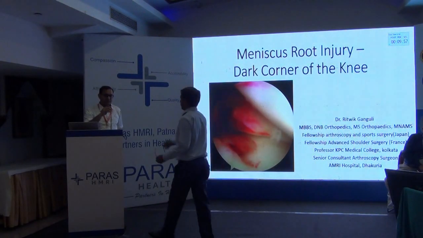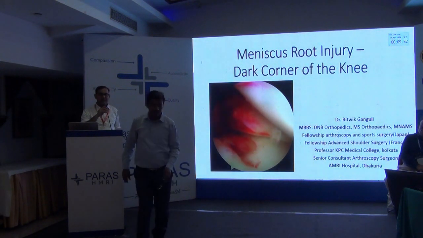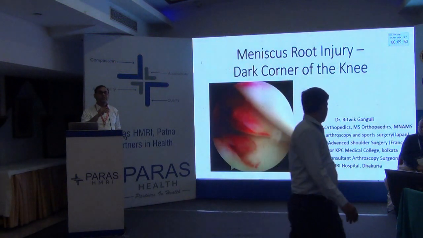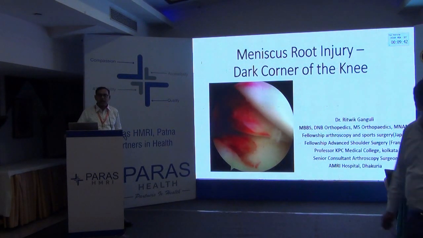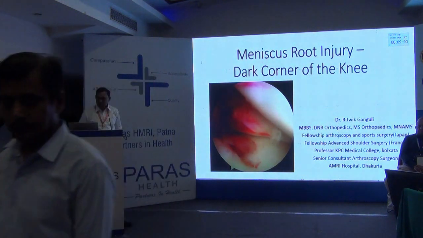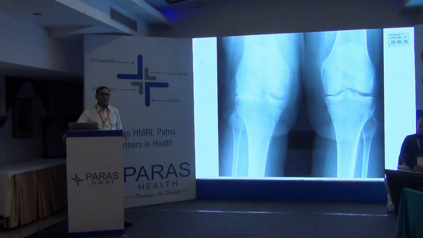It is basically a pleasure for me to present something which was done previously. Because of the undetected nature of meniscus root injuries and untreated cases, we have come across such a scenario in a young age.